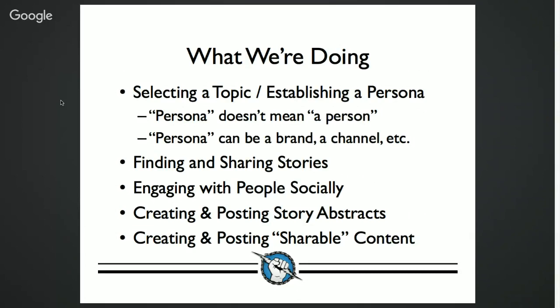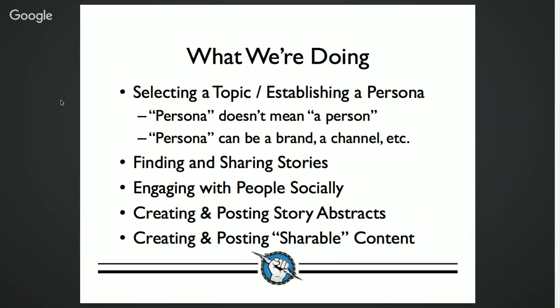But ultimately, what we're doing for the most part, and besides what we do with creating original content, which is really just an extension of this, we're finding and sharing stories that have been created elsewhere. We're engaging with people socially, and you saw last week how the scripting workflows that are now available to us in ResultFlow can be used to amplify and improve on that.